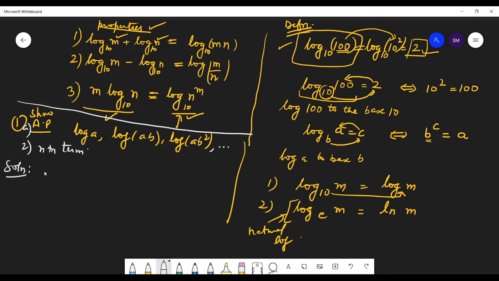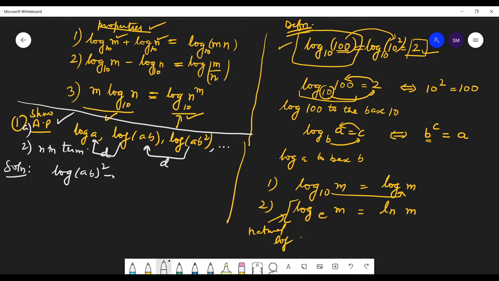Solution, students. How can you prove that a sequence is an AP? Let us find the common difference between this term and this term, and then this term and the next. If the common difference is the same, then it is an AP.